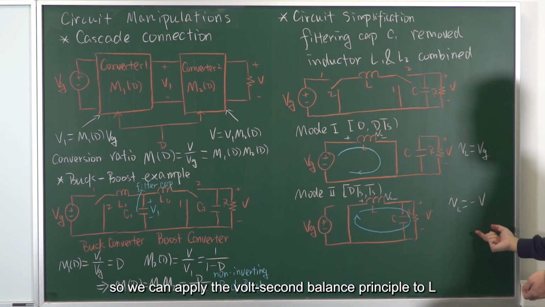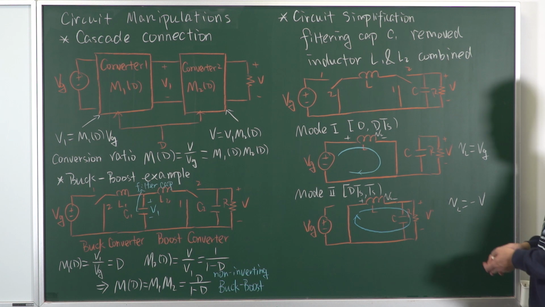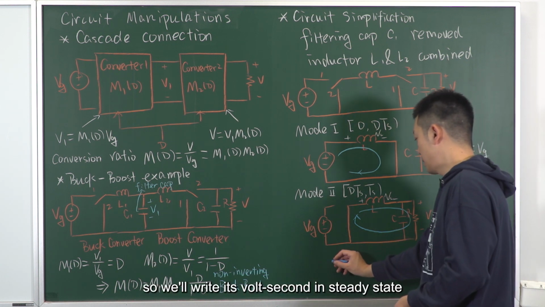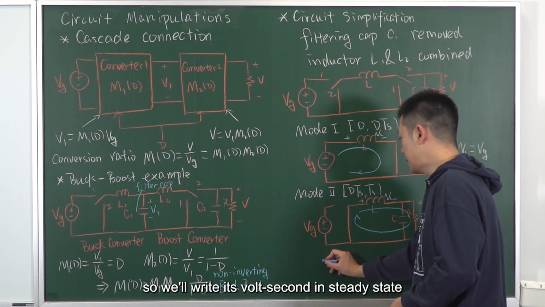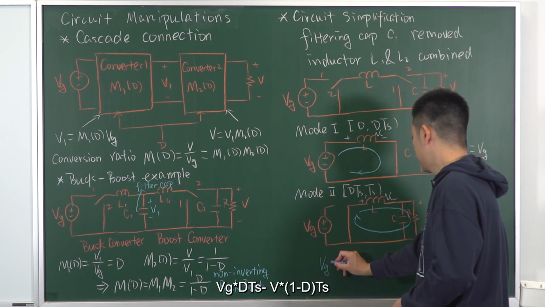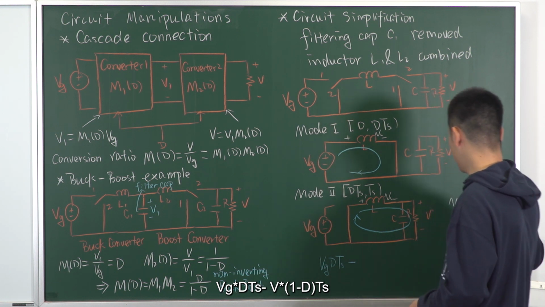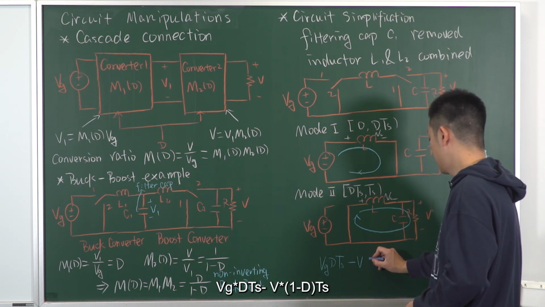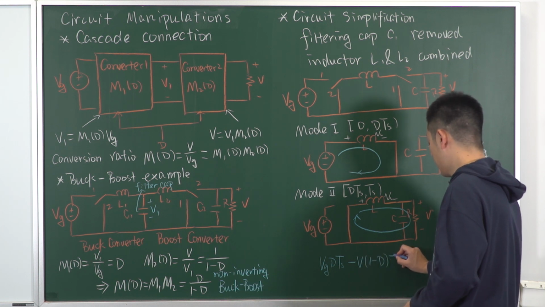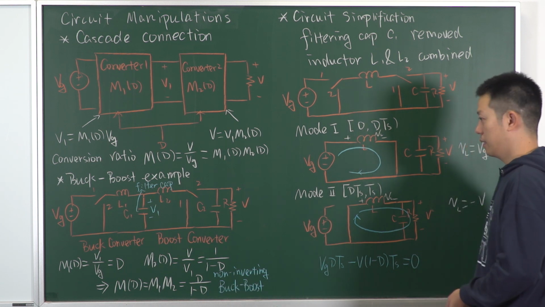So we can apply the volt-second balance principle to L. We write its volt-second in steady state: Vg dTs plus minus V times (1 minus D)Ts equals 0 at steady state.